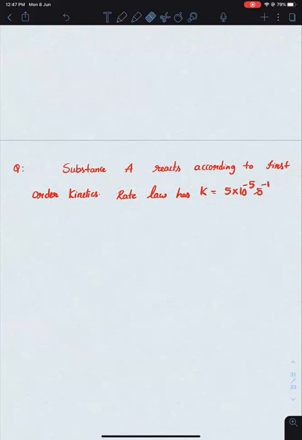A part, if the initial concentration of A is 1 molar, what is the initial rate?